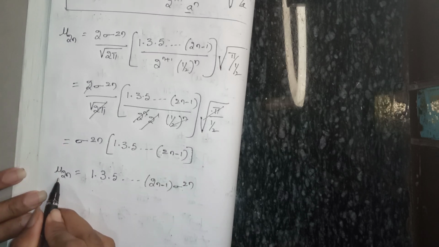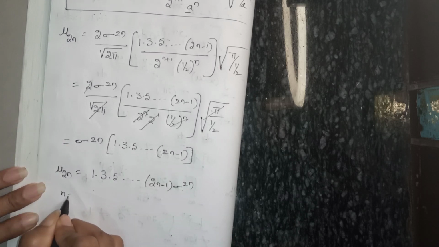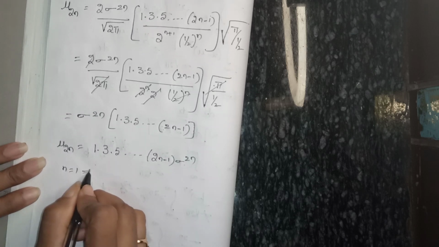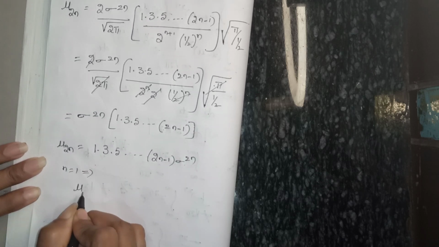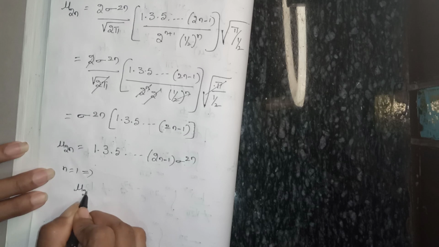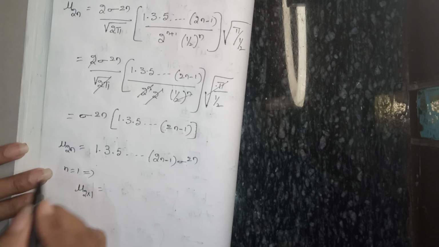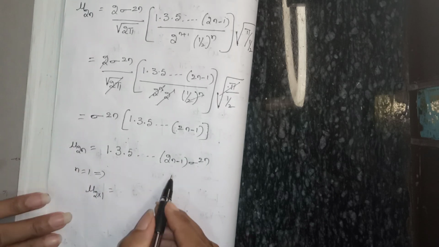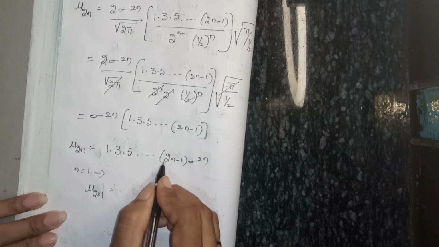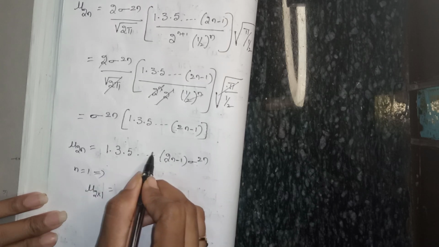Now what we have to do is put n equals 1. So mu 2 into 1 equals, in place of n we have to keep 1. Only this term we have to consider, all these other terms no need.